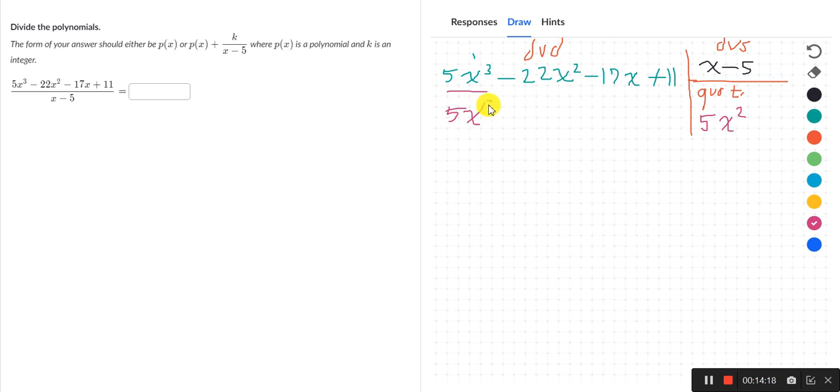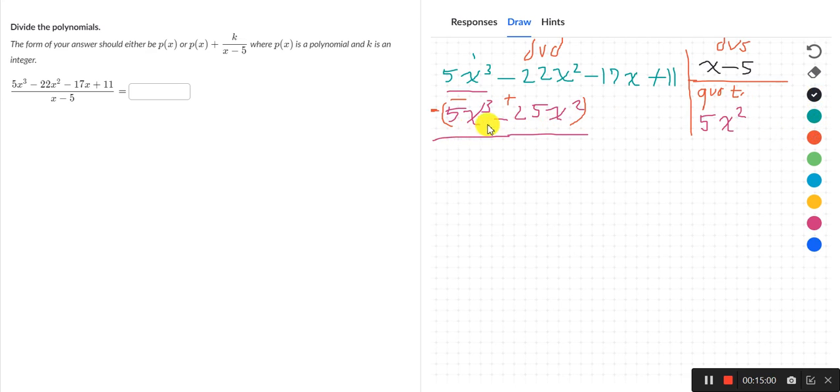So you're always trying to get the first term, but you need to multiply by both terms. So 5x squared times 5 is going to be negative 25x squared. And something real important, you need to remember this. If you don't remember this, it's going to be wrong every time. You need to flip the signs. So this is going to be a negative, this will be negative, and this will be positive.